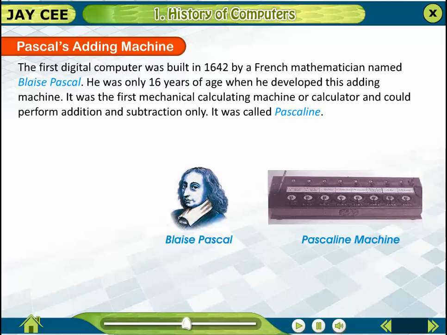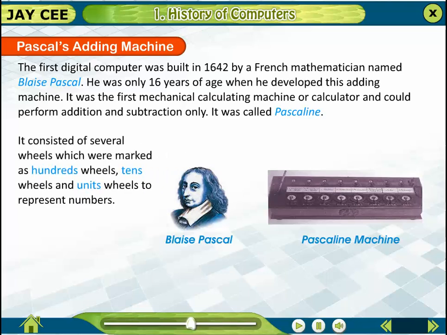It was called Pascaline. It consisted of several wheels which were marked as hundreds wheels, tens wheels, and units wheels to represent numbers. Blaise Pascal. Pascaline machine.